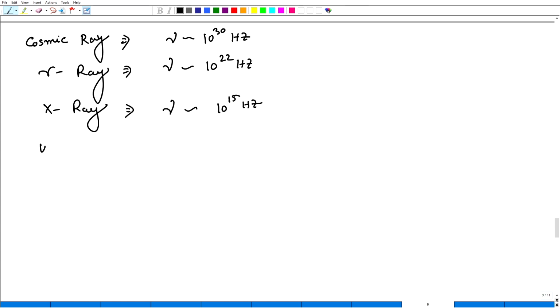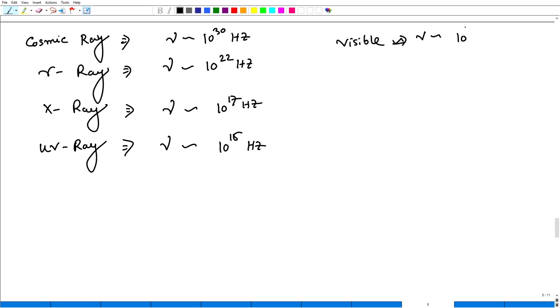Next is our ultraviolet, UV ray, 10 to the power 15 to 17 hertz. Next, visible range, and microwaves.